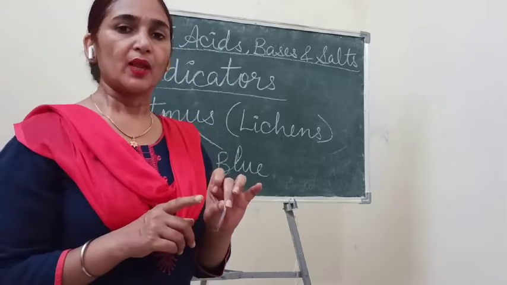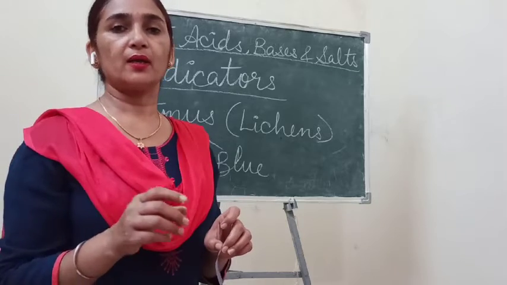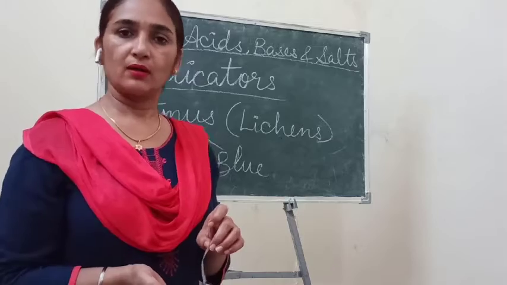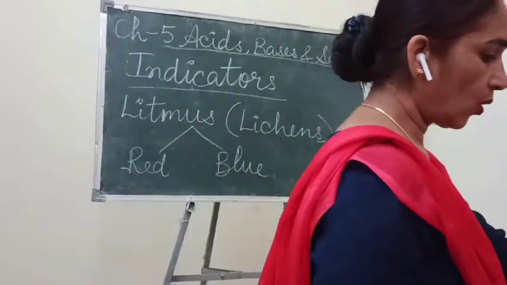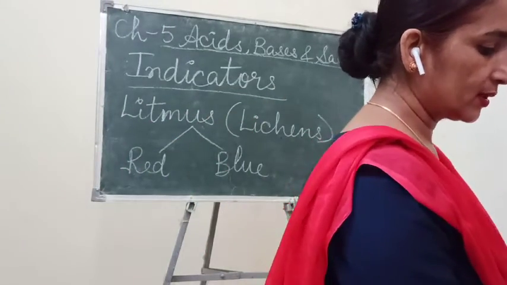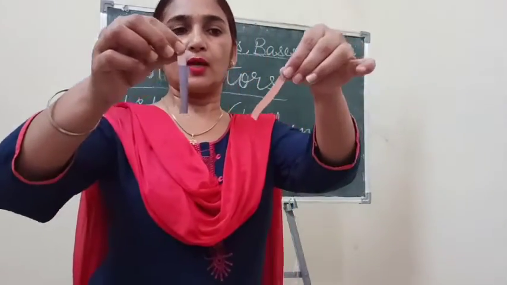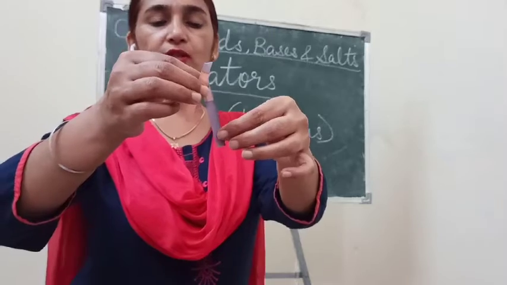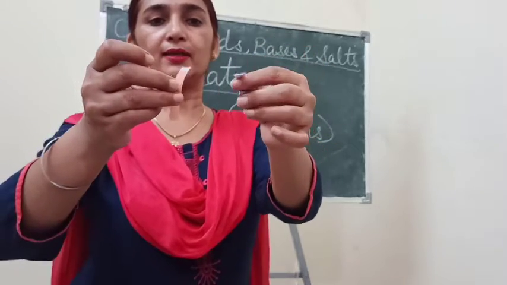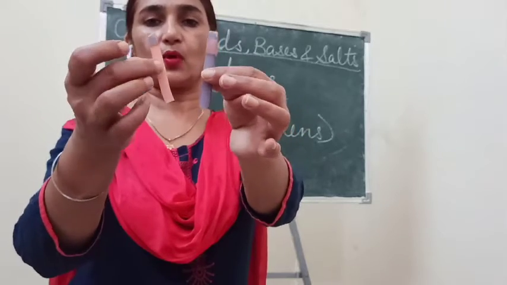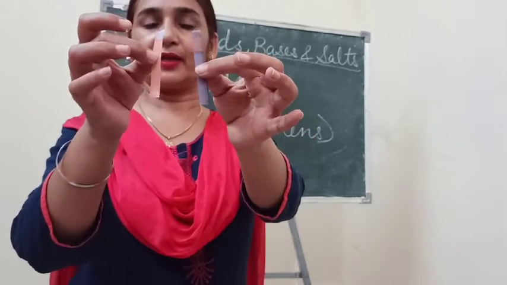Okay, bases. And blue litmus paper we use to detect the presence of acids. Understand? So children, I hope you have understood all the things. See, both the papers I will show you now. Now they have changed their colors. See at the tip, I have not dipped its tip, so the upper part is different in color.